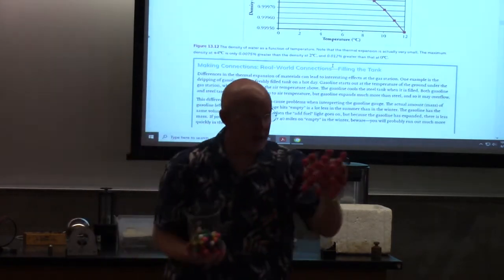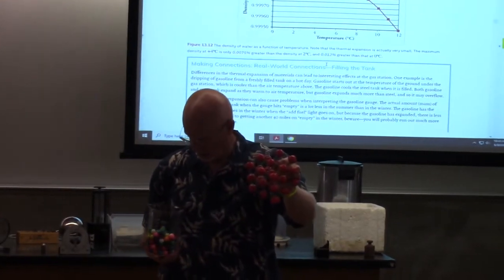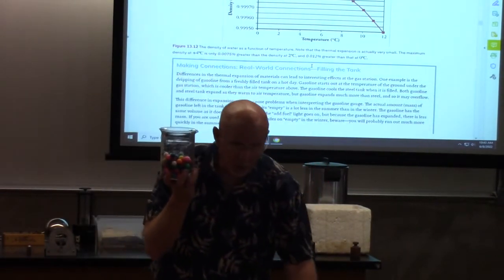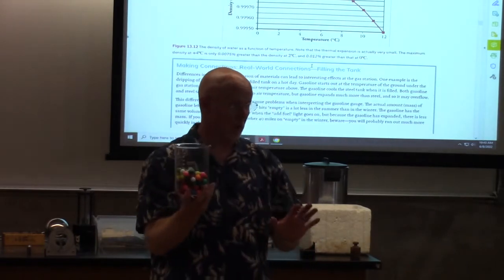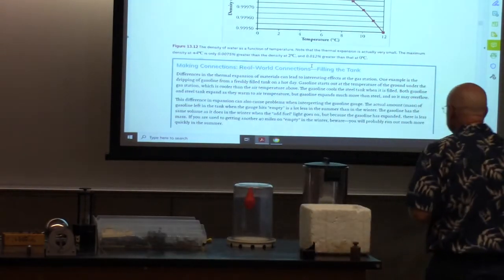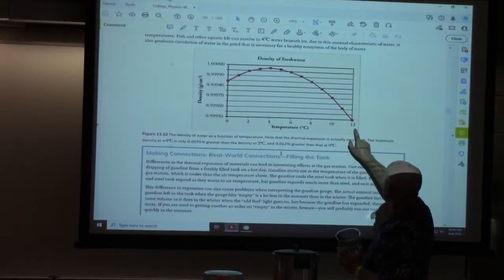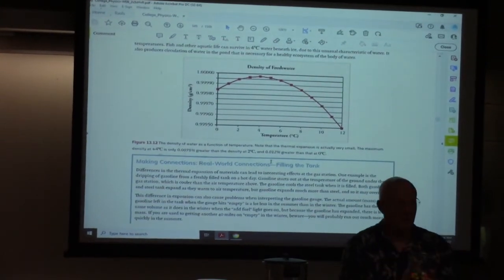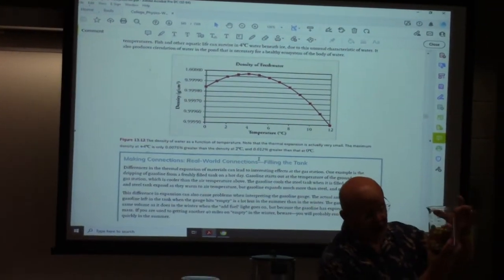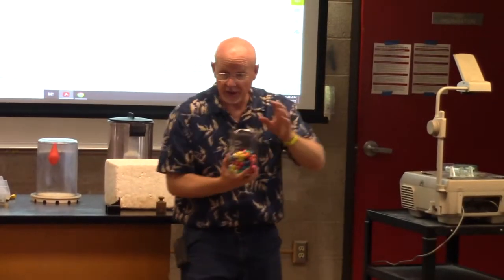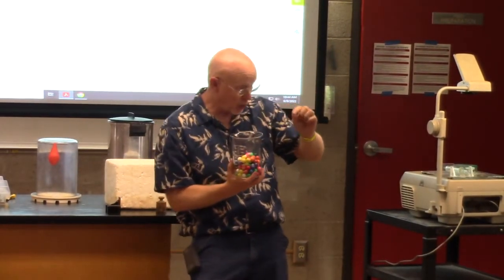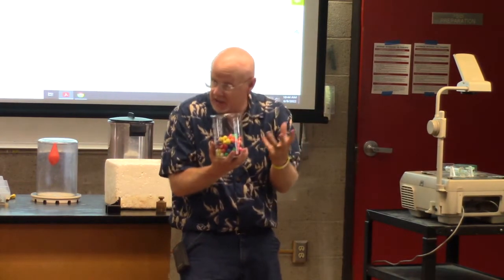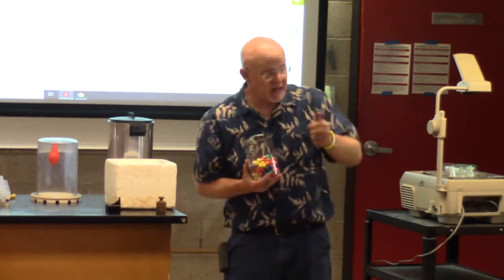And so if we imagine this to be ice, and this liquid water, if this started off as warm liquid water, so on my graph, if I start off at, well, I don't know if I'd call that warm, but 12 degrees Celsius, and so this is shaking around at 12 degrees, and we cool it to 11, and then we cool it to 10, and then we cool it to 9, wouldn't it start to get smaller and smaller? It would contract, which means its density would go up, right?